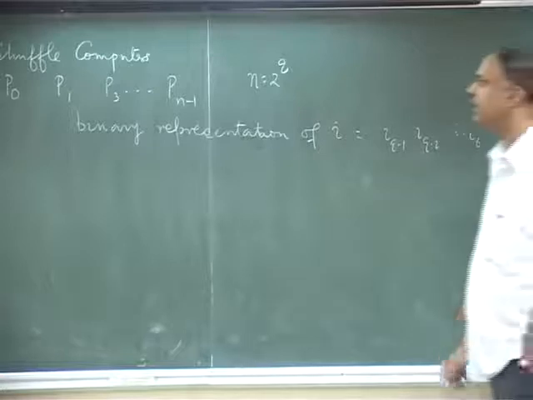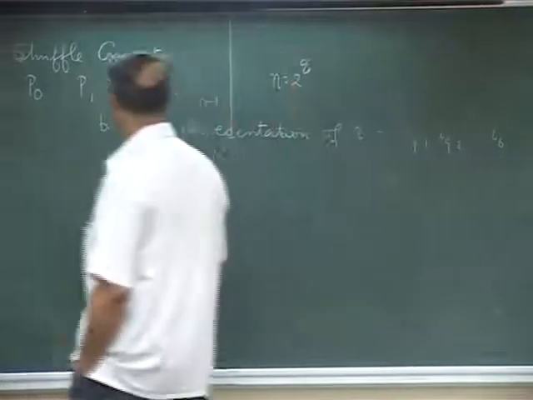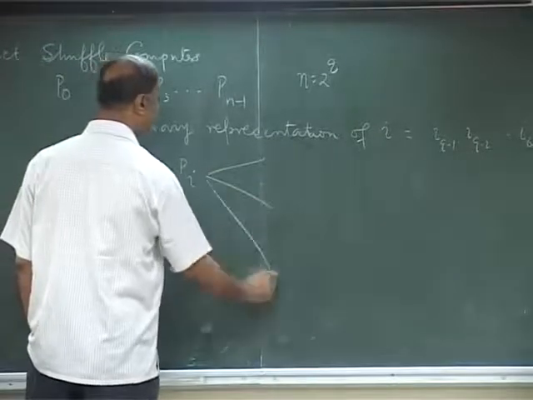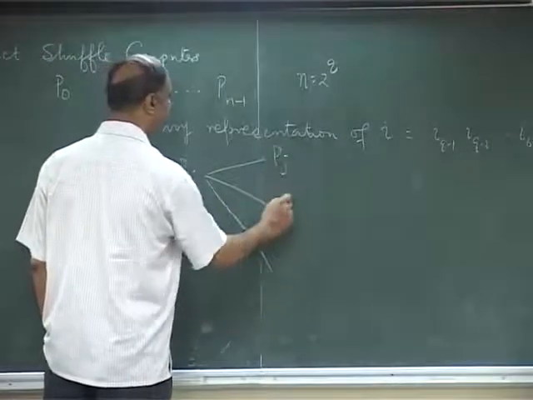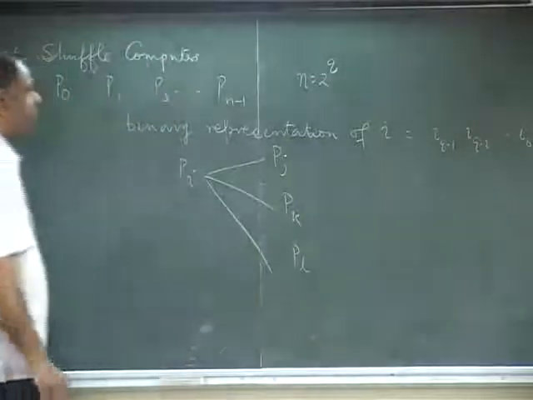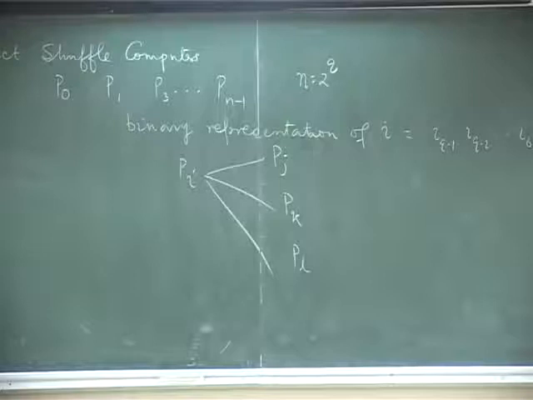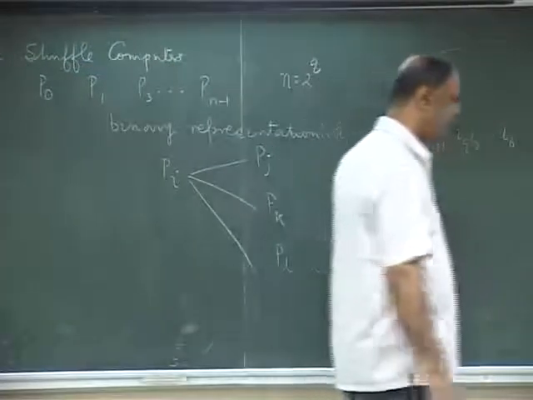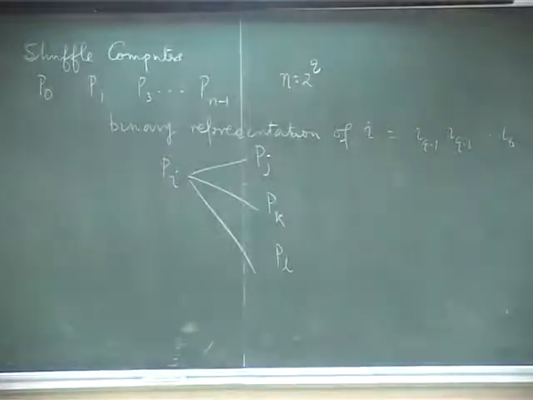Okay, the binary representation of i can be expressed in the form of i_q-1, i_q-2, up to i_0. Then Pi is connected with 3 processors, provided they exist: Pj, Pk, and Pl, where j is obtained by the operation known as exchange.